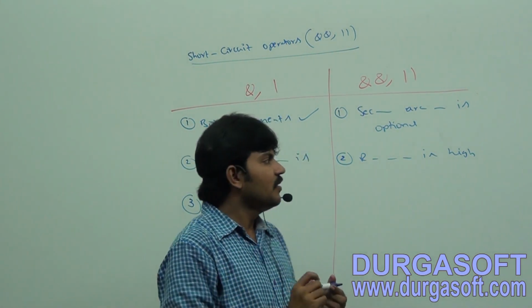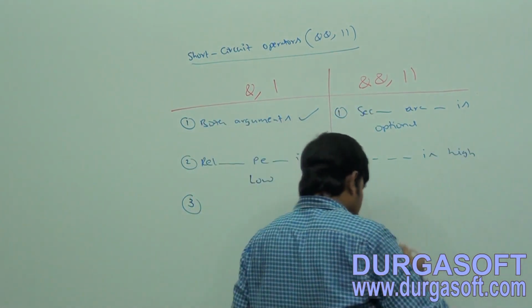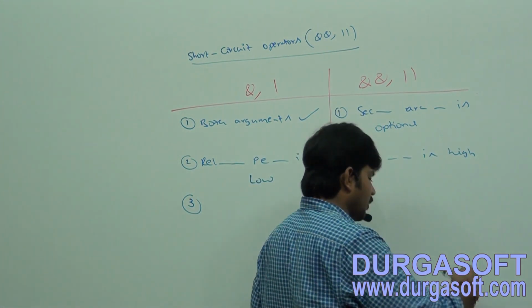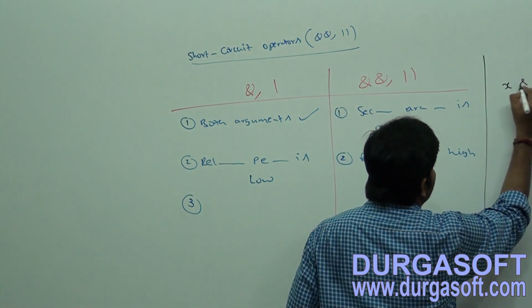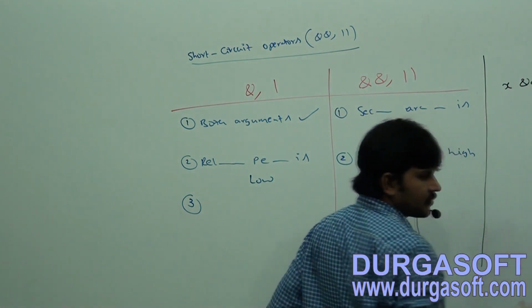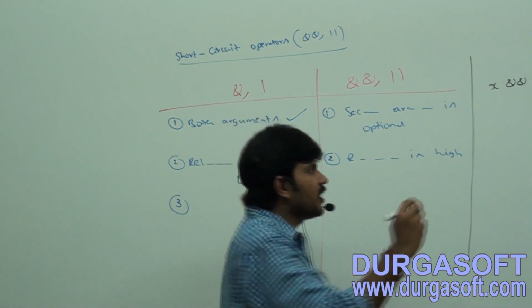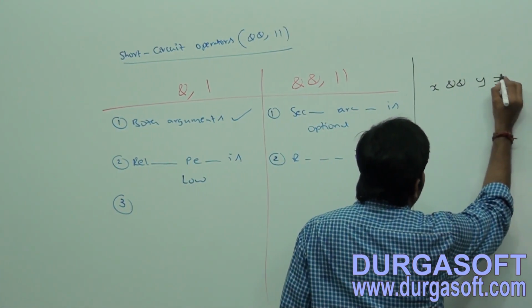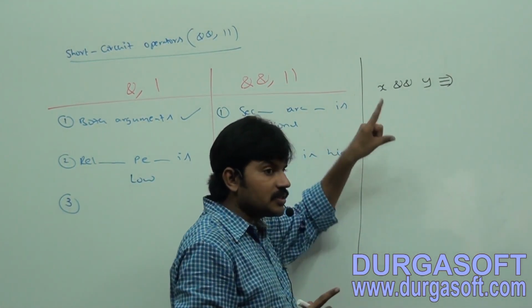Now make sure, if we consider double AND and double OR, just have a look at this part. Here see, X double AND Y. Can you tell when Y will be evaluated? Y will be evaluated if and only if X is true.